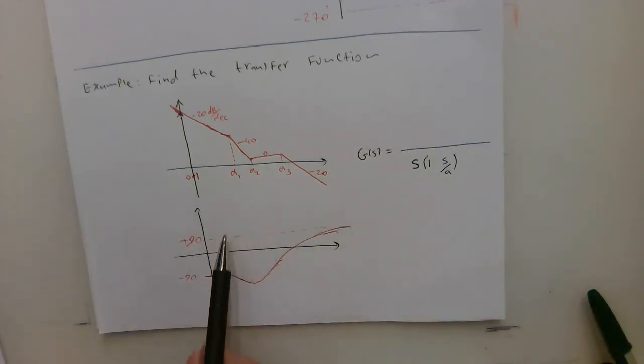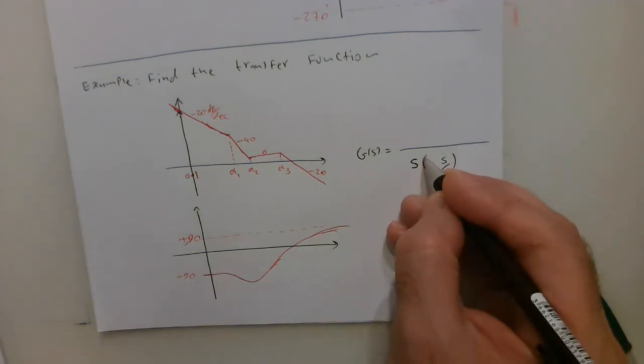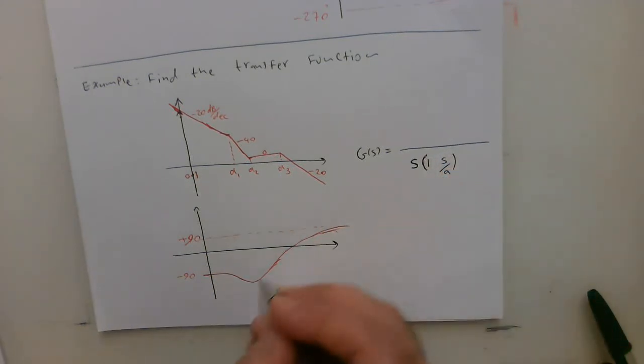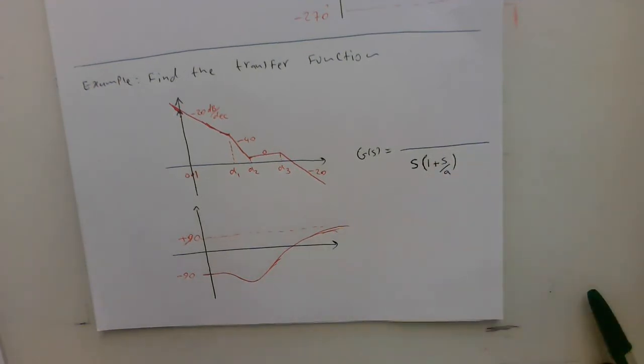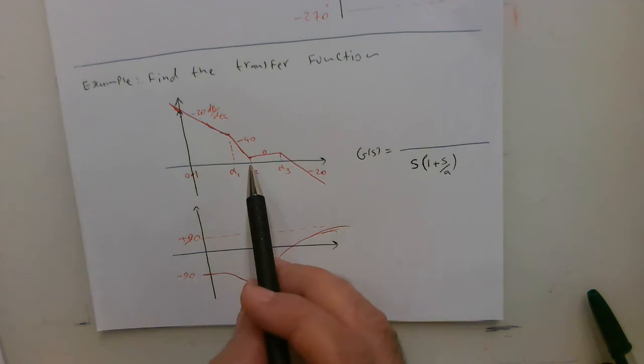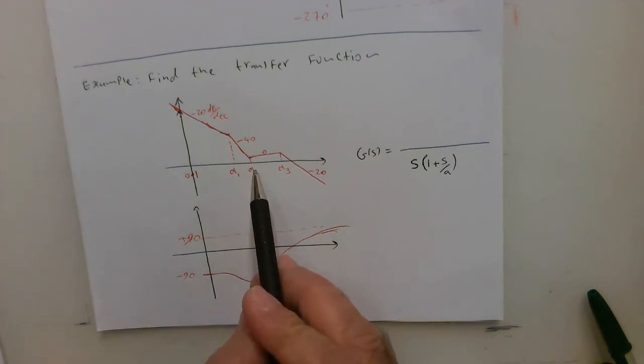But how to find it? If you look at the phase, it is decreasing when you reach this a1. Therefore, it has the normal behavior of a pole, which decreases the phase. Therefore, the sign here is plus. Then we reach the next important frequency, which is a2.